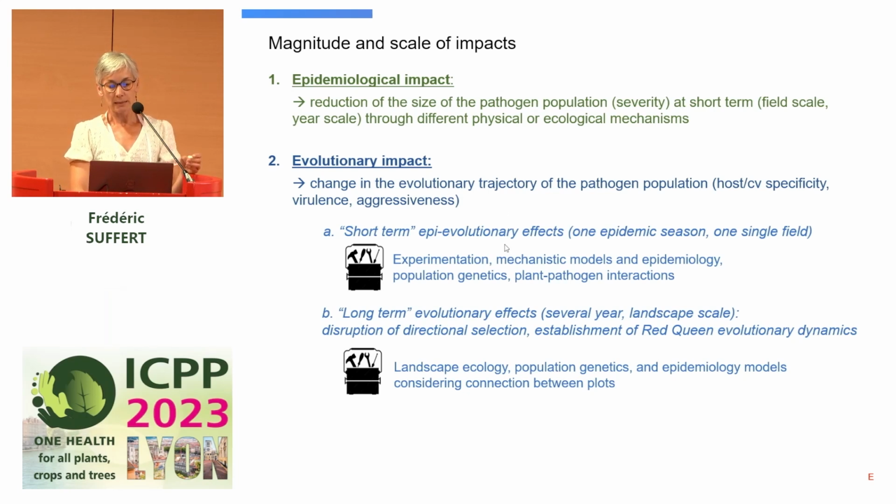So here we will give examples of these different kinds of mechanisms. Frédéric will talk about short-term epidemiological and evolutionary impact within wheat cultivar mixtures, and I will rather give you highlights on the mechanisms that are acting at the long term.